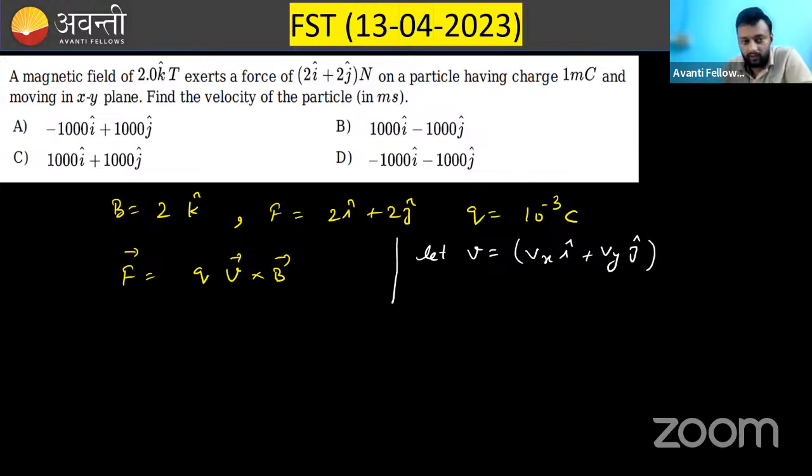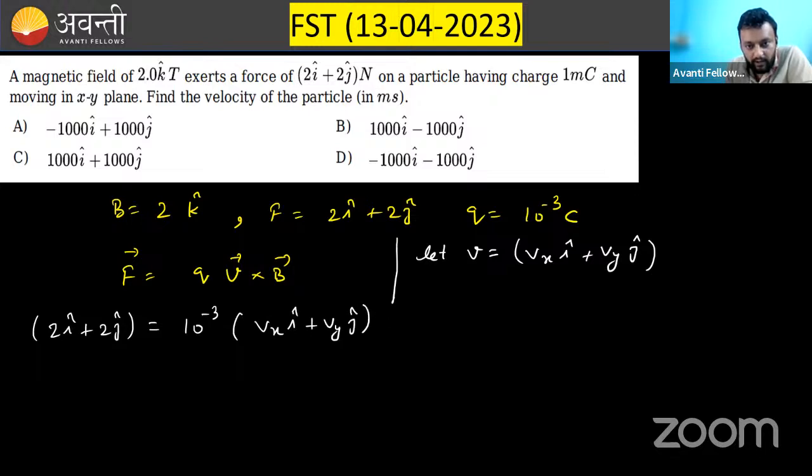Clear? Now, put this value: F is equal to 2 I cap plus 2 j cap is equal to Q, which is 10 raised to the power minus 3, times V, which is Vx I cap plus Vy j cap, and magnetic field is 2 k cap. And there is a cross product.